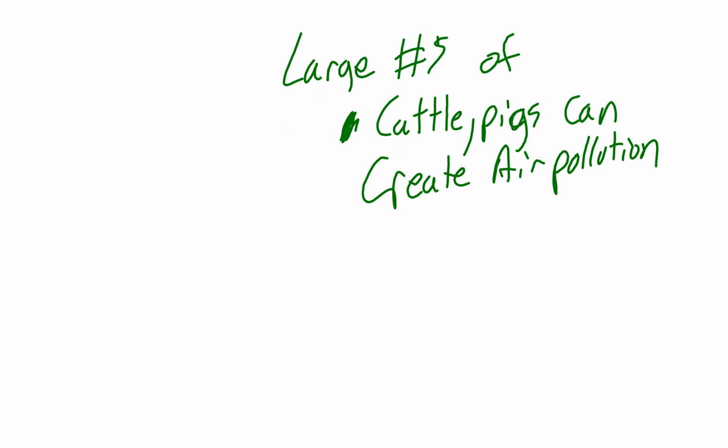Large numbers of cattle can create air pollution. Air pollution is, in this case, methane. The cattle eat grass, they digest the grass all day long, and one of the things that helps them get nutrients from the grass are some bacteria in their gut called methanogens.